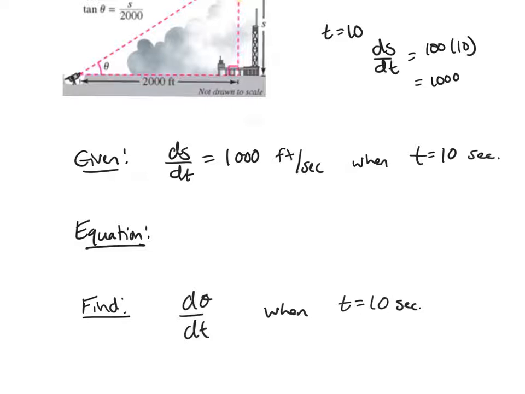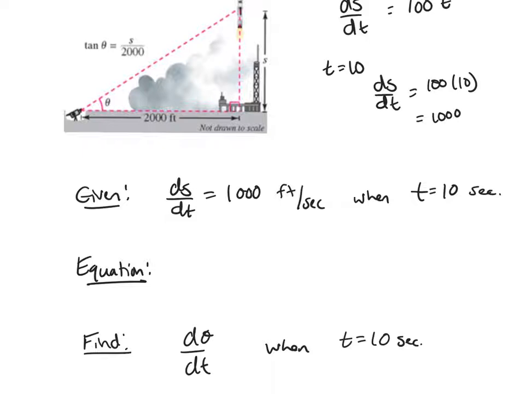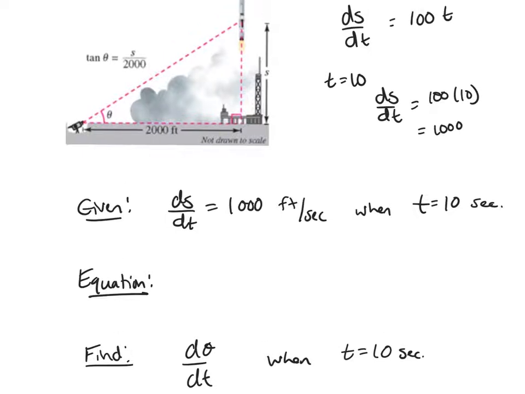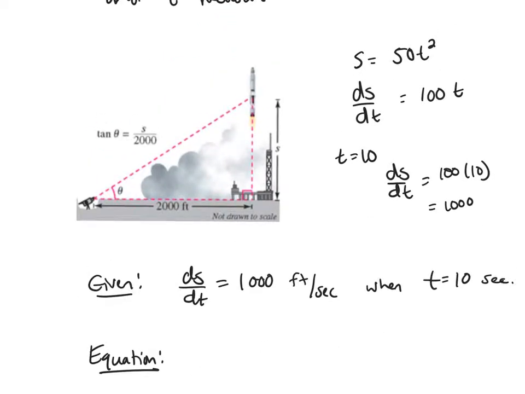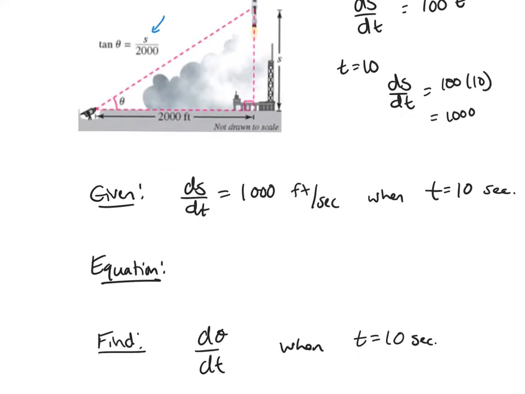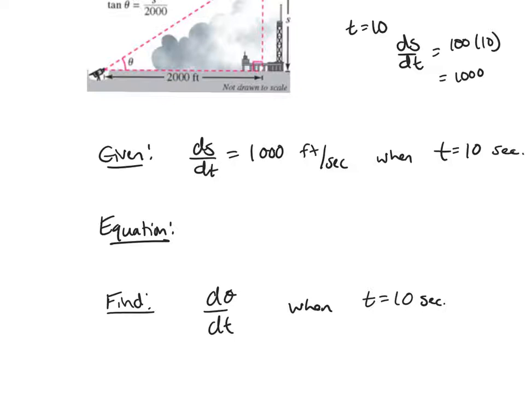And because I have theta, the equation I need to use needs to involve both s and theta. So they gave me the equation. If I look in my picture right here, tangent of theta equals s over 2,000. Okay, so I have everything mapped out.